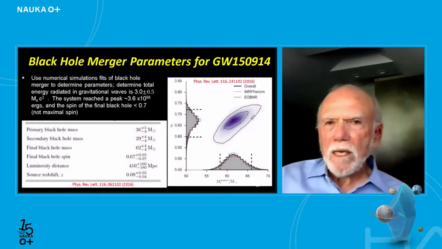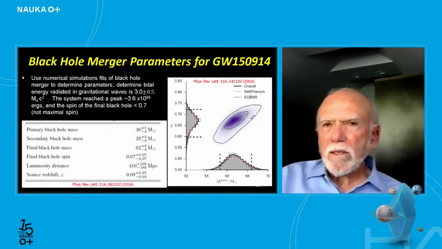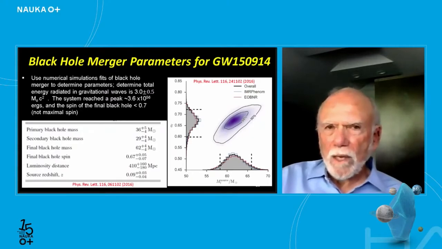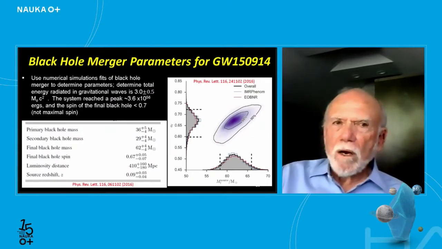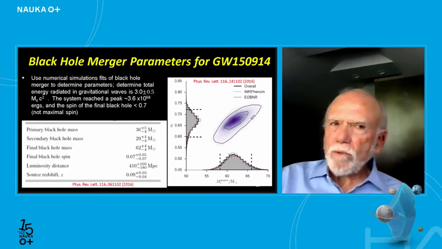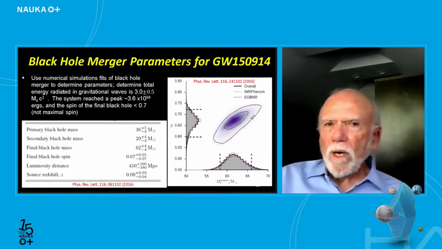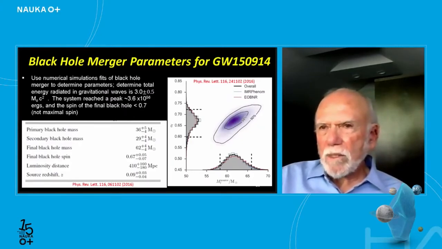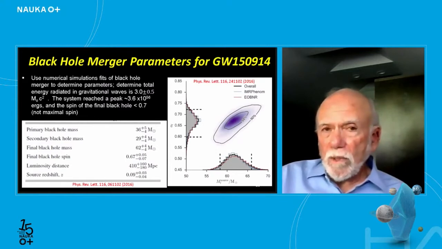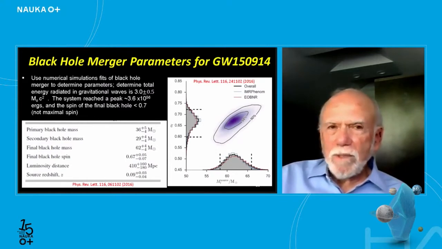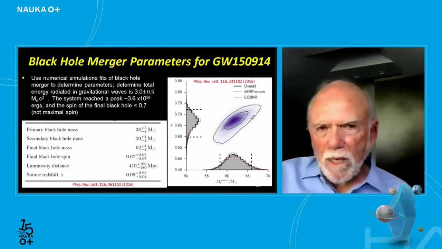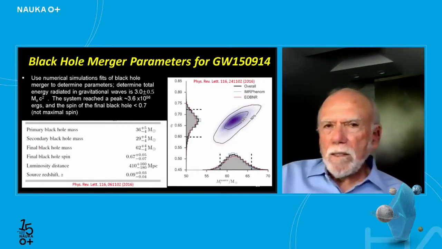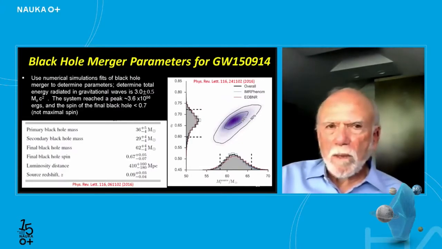Using that in detail, we're able to calculate the details of those objects. And this first one already was very interesting. It was two objects, one 36 times the mass of the sun, the other one 29 times the mass of the sun. Those heavy masses were expected to be very heavy black holes.